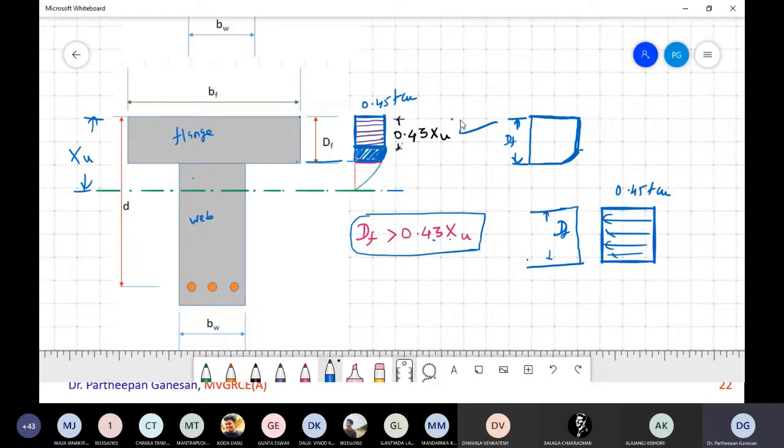But here, this Df is greater than 0.43 xu, and it consists of this parabolic part also. Then in this case, the stress distribution is not uniform through the entire thickness. For some distance it is uniform, and beyond that it is parabolic. So now, how do we derive the equation for this one?